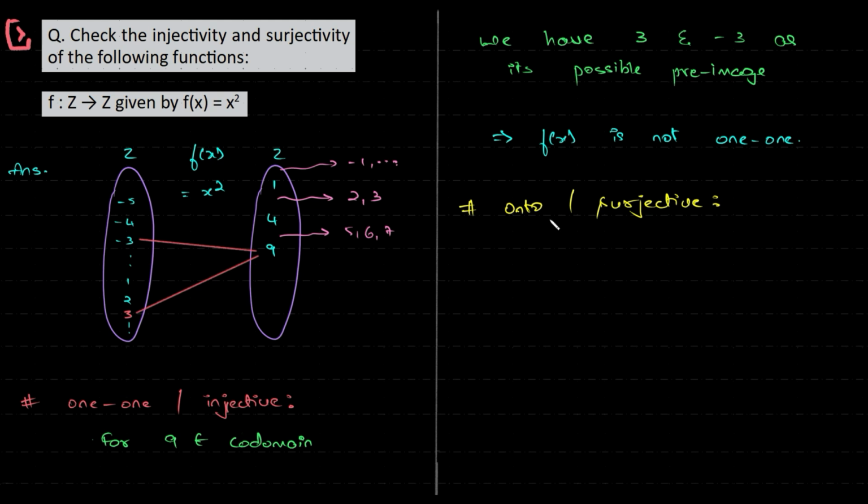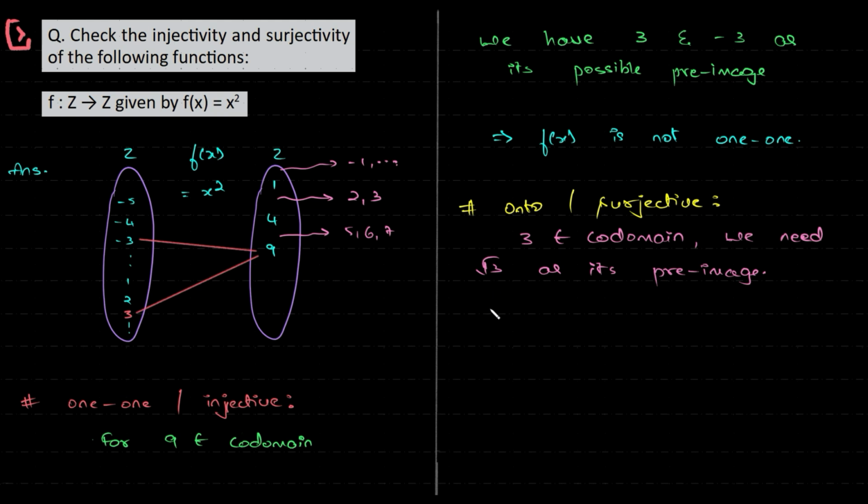You just give, if we consider an output value of 3, which is part of your integer and your codomain. So I can just write that. We need root 3 as its pre-image, right?